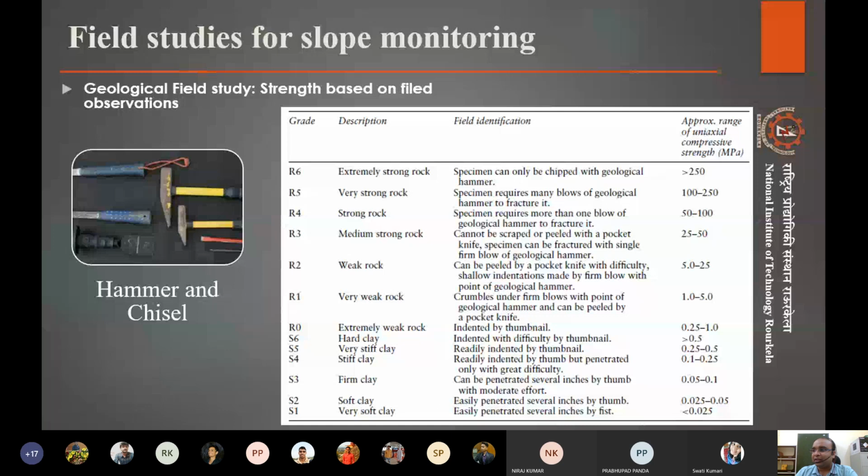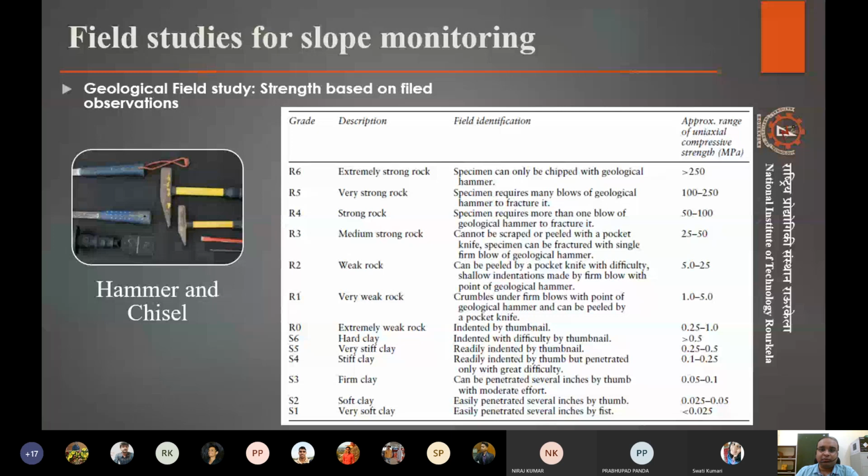And that's why, again, the point comes that only a single person or a single group should record these readings, because I may classify that rock as a very strong rock because I have less power, and I take maybe 5 or 6 hammer blows to break that rock.